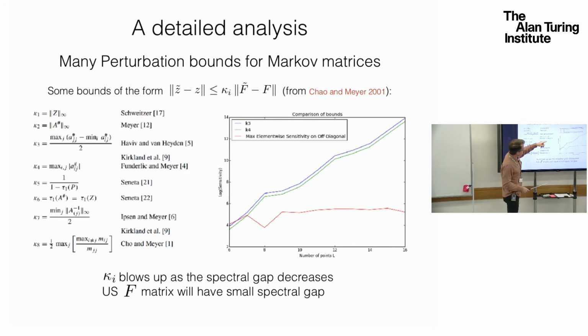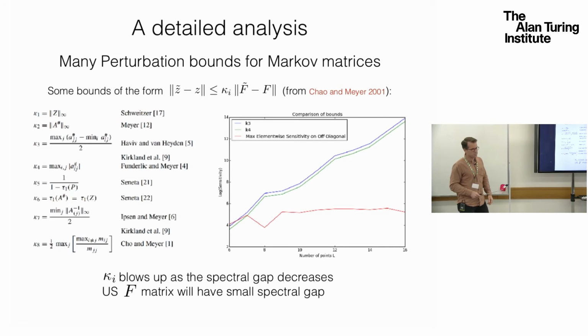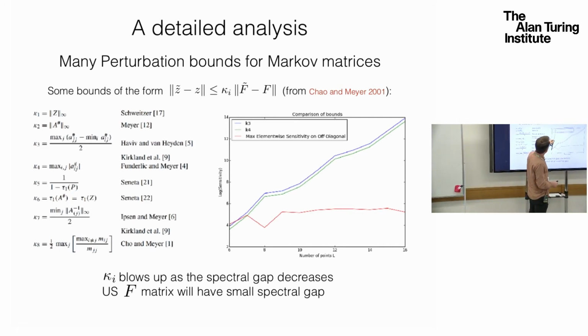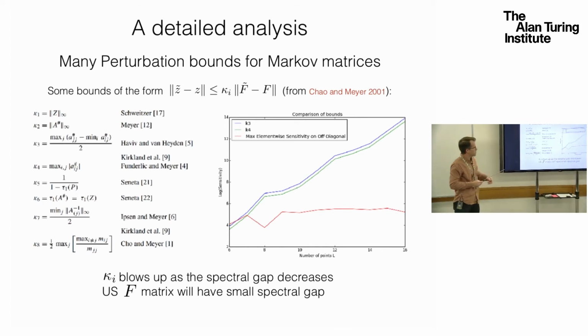Here's a list, circa 2001, of papers with bounds. All those bounds are of this type. Okay? So some norm on the error in F times some constant bounds some norm on the error in Z. I won't specify the norms because it differs by paper.